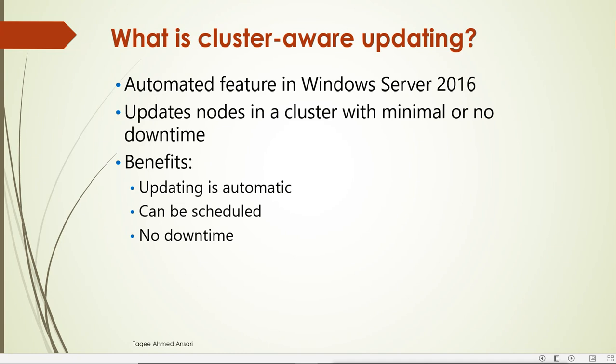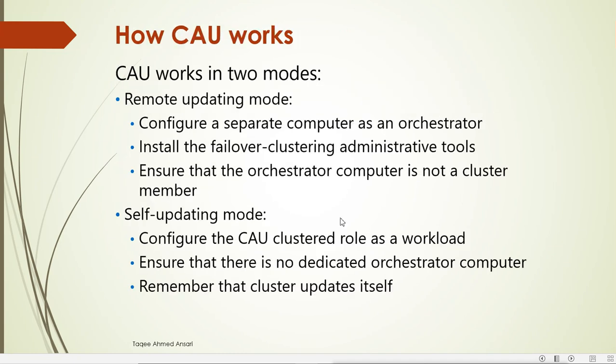Now, how does this cluster aware update work? It works in two modes: first, remote updating mode, and then self updating mode. In remote updating mode, configure a separate computer as an orchestrator, install the failover clustering administrative tools there, and ensure that the orchestrator computer is not a cluster member.